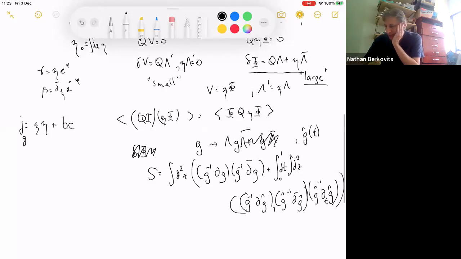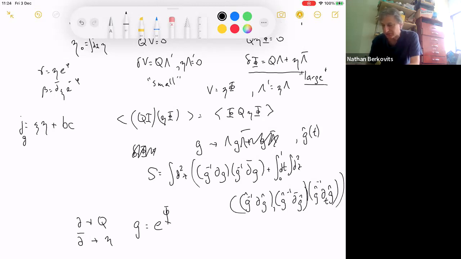Okay, so in this framework, one thinks of D as being replaced by Q, D bar being replaced by eta, and G is going to be e to the phi, like capital phi. Of course, now it's a little more complicated because Q and eta are fermionic instead of bosonic, so this becomes an anti-commutator instead of a commutator.